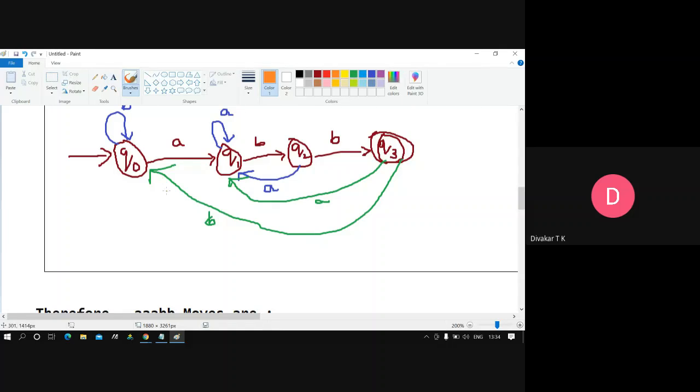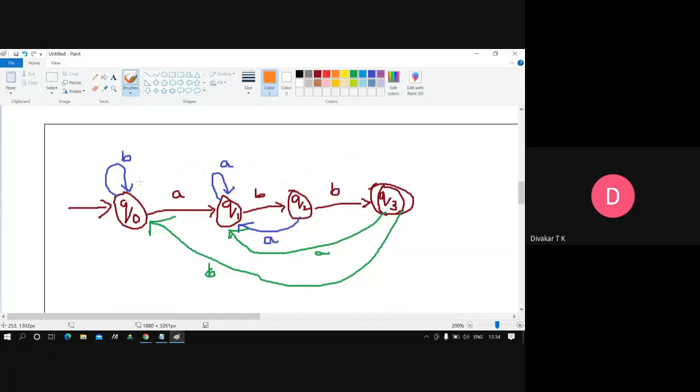Everyone concentrate. Triple A we want. Q0 to Q1, you come with 1 A. Again Q1 to Q2, 2 A's. If I go back here, B will come, which I don't want. One more A I want. So what should I do now? One more A I write here. Three A's are done.